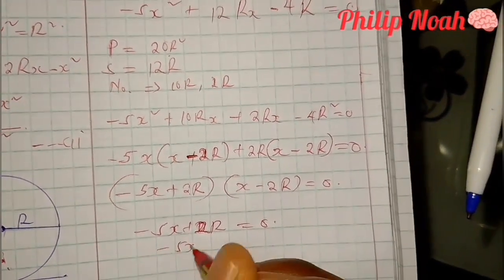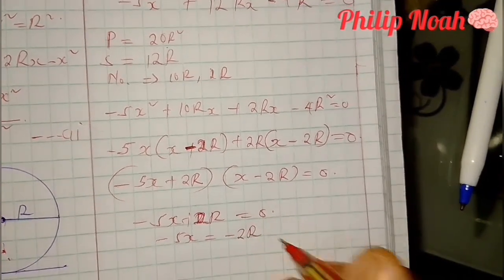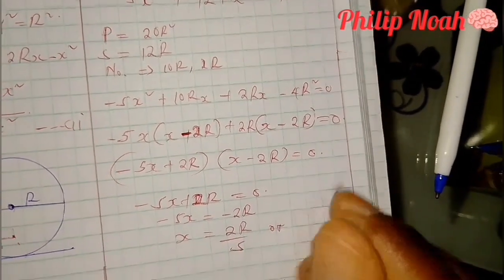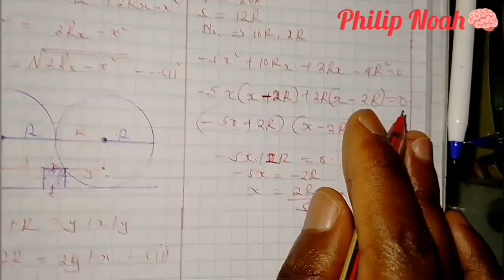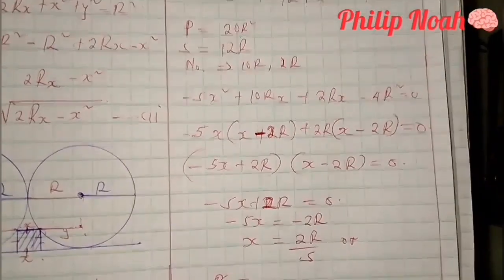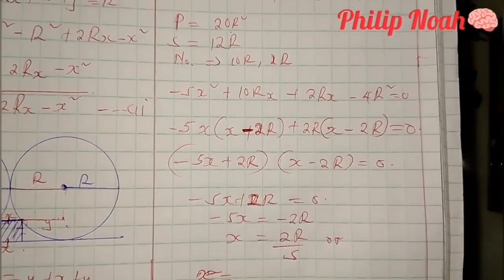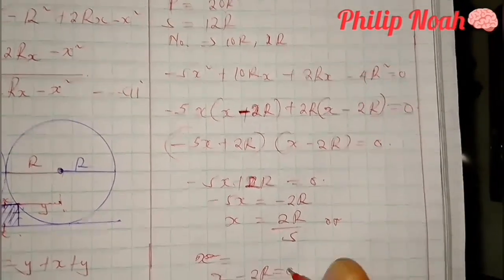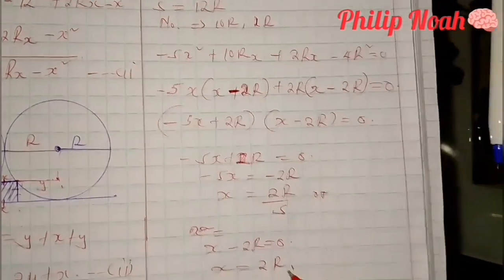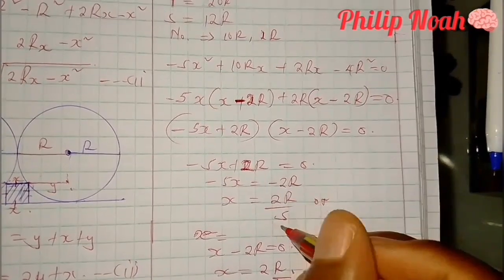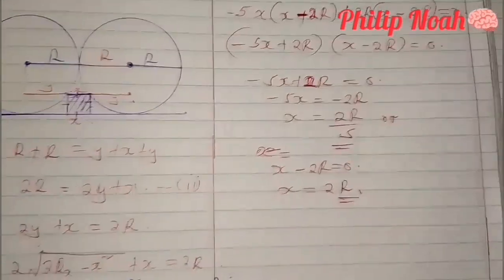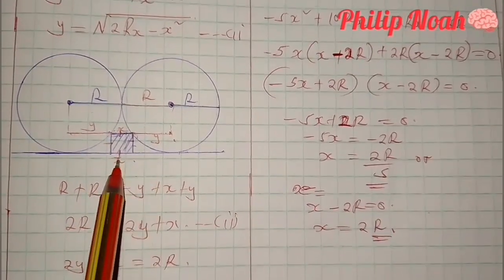Negative 5x is equal to negative 2r. x is equal to 2r over 5, or x minus 2r is equal to 0. x is equal to 2r. So x can be 2r over 5 or 2r, but we have been asked to find the area of this square.